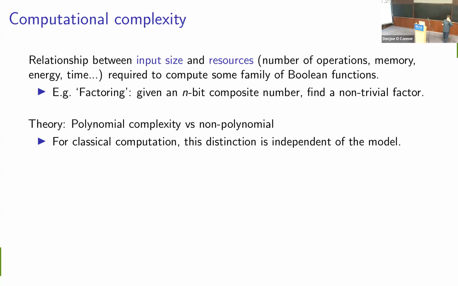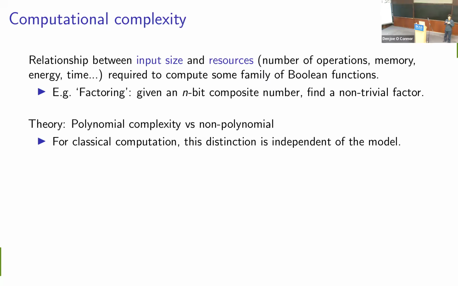Yep. So one really big thing in computational complexity is the difference between polynomial complexity and non-polynomial. One reason that theoreticians like this distinction is because it's actually independent of the model, as long as we stay within classical computer science. So quantum computers, as far as we can tell, break this property.